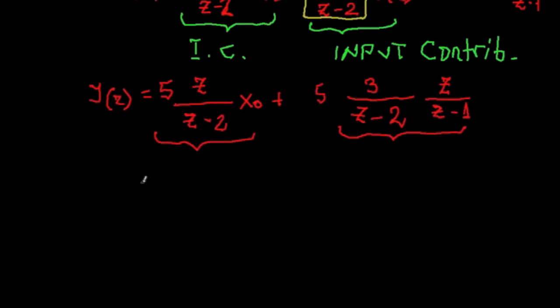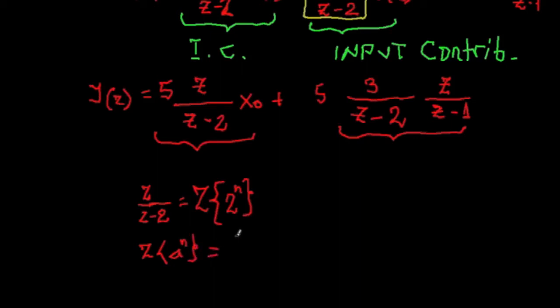Now, when we look at this expression here, we notice that z minus 2 is nothing but the z transform of the geometric sequence 2 to the k. Alright? Because remember, it was the z transform of a to the n, and we already demonstrated that that was z over z minus a.